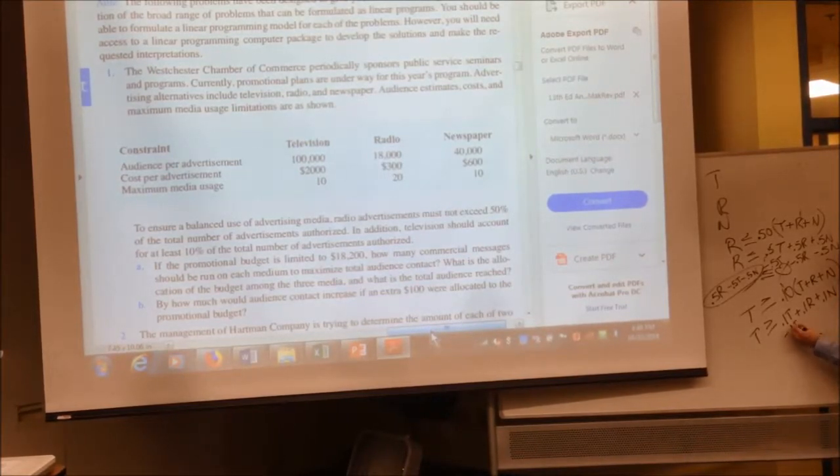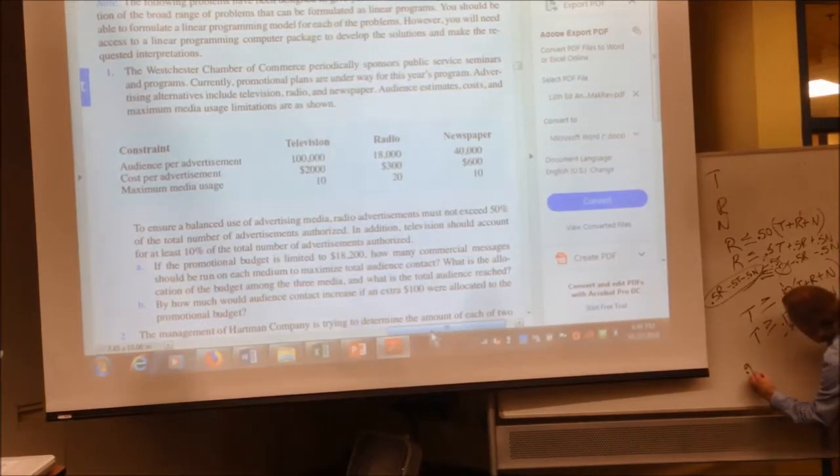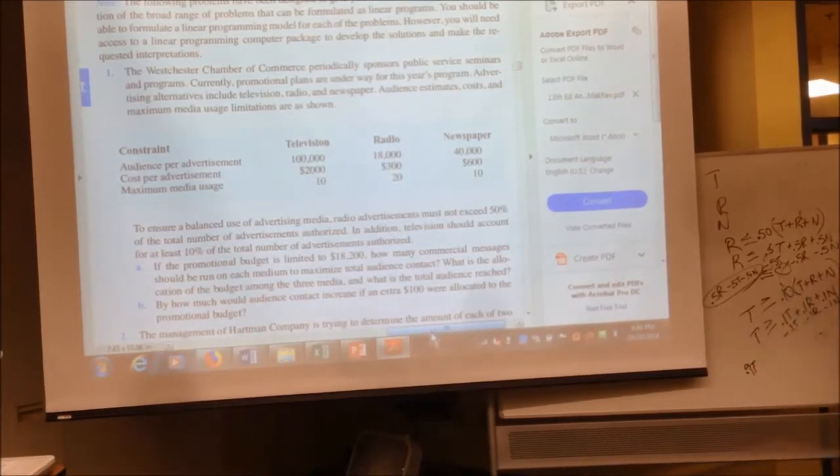Minus 0.1 T, minus 0.1 R, minus 0.1 N. And whatever you do to one side, you got to do the other. But here's that same situation. I have a 1 T on the left, and I'm subtracting 0.1 T on both sides. So I have a 0.9 T left on the left side.